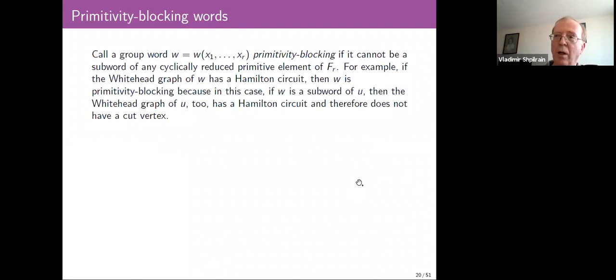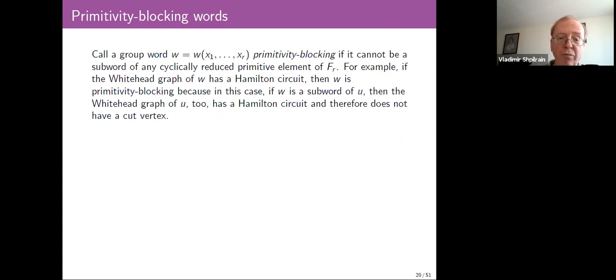Okay, anyway, so now we want to decide whether a given word represents a primitive element of a free group or not. So we call a word, again, a freely reduced word, primitivity blocking if it cannot be a subword of any cyclically reduced primitive element of a free group.